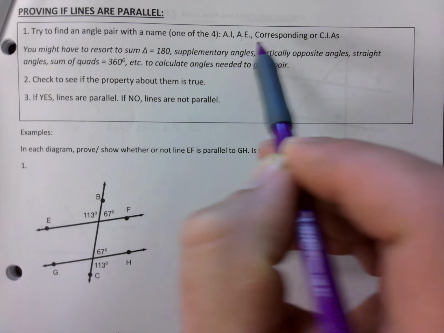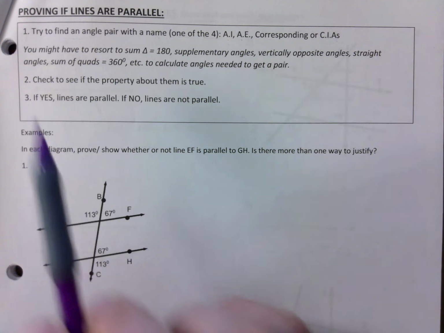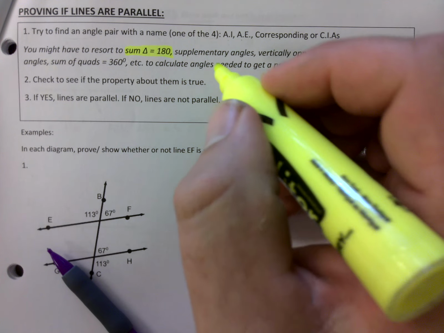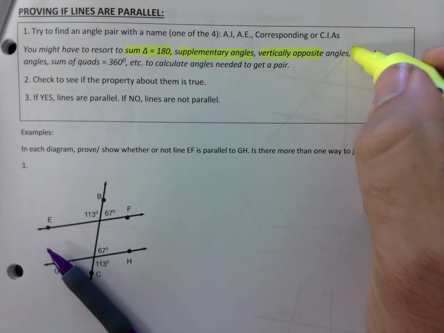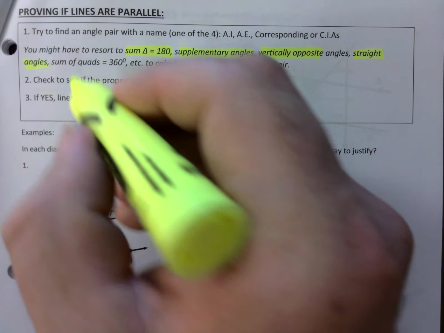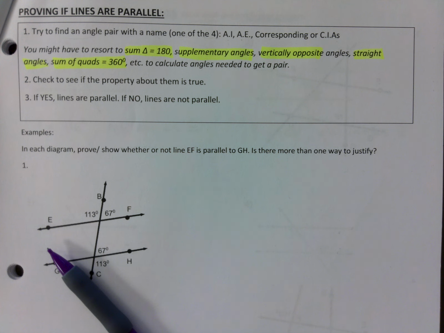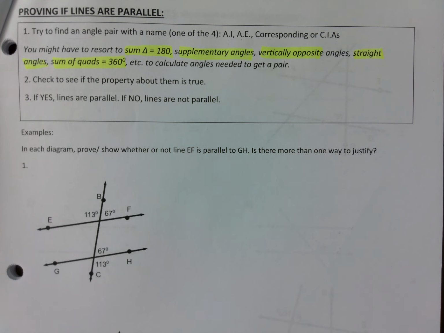If you can't, you might have to resort to sum of triangle. You can always use this one. You can always use supplementary, vertically opposite, straight angles, sum of quadrilaterals is 360 to come up with other angles that you might need to find your pair.